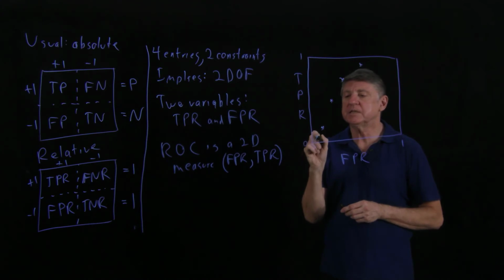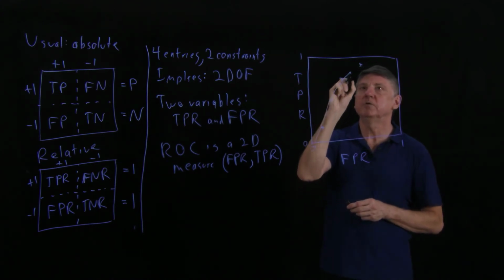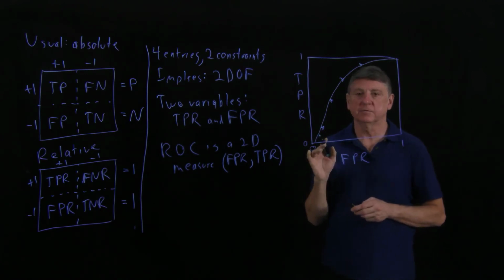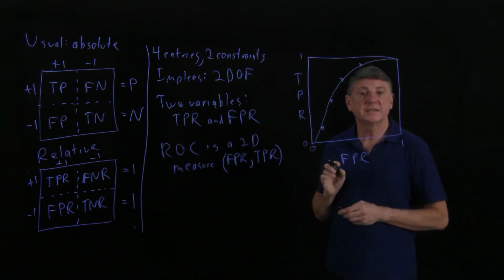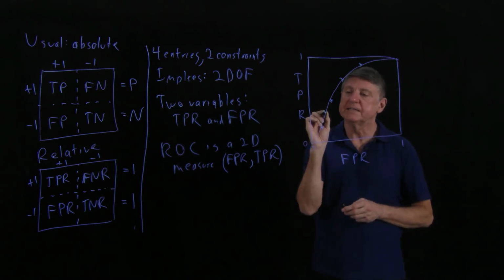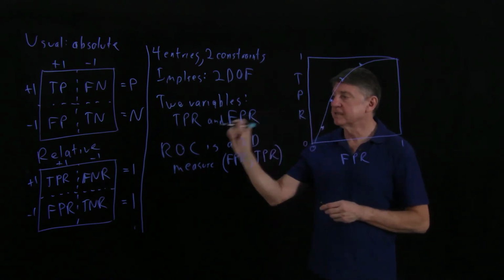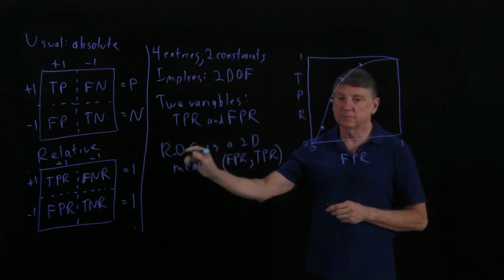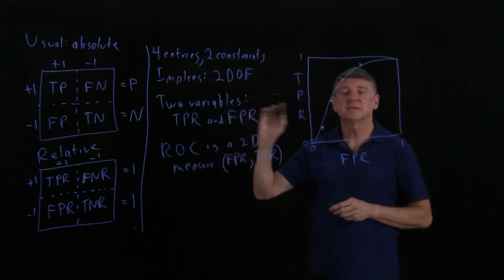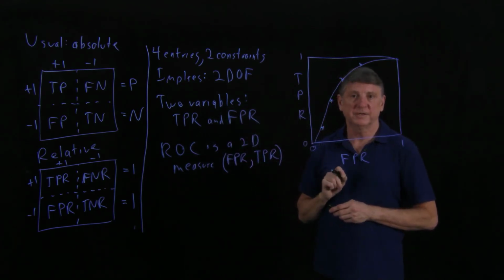If it was continuous, we would draw a curve, and this is referred to as the ROC curve. What the ROC curve means is that any point on the curve specifies a relative confusion matrix, and any relative confusion matrix specifies a point on an ROC curve.